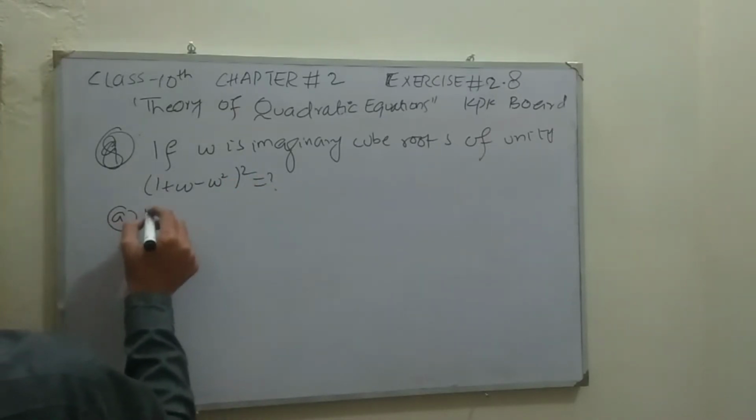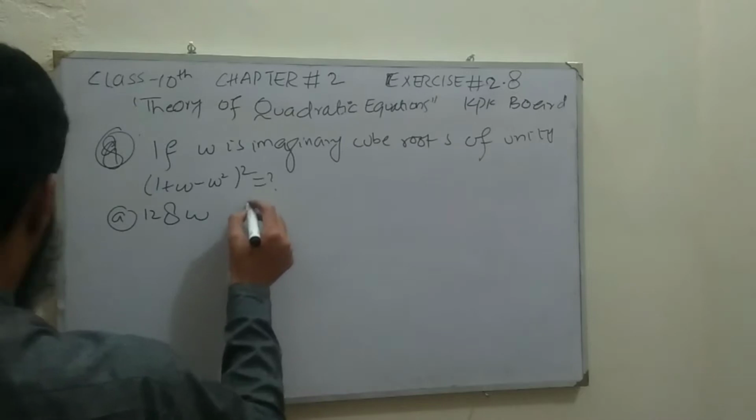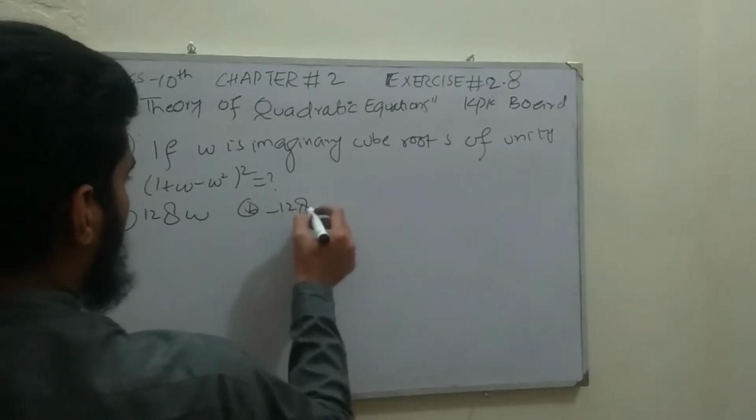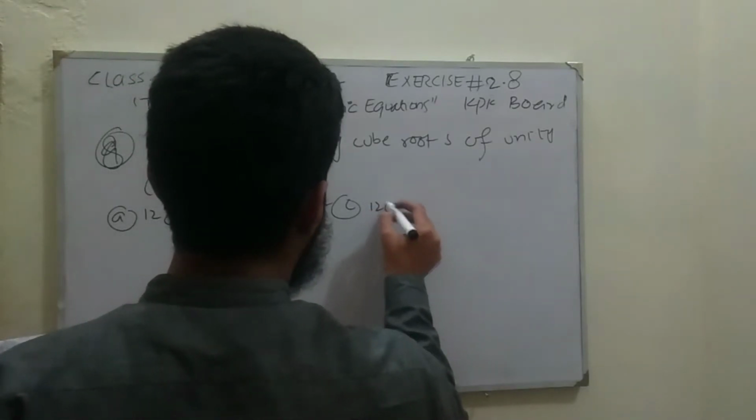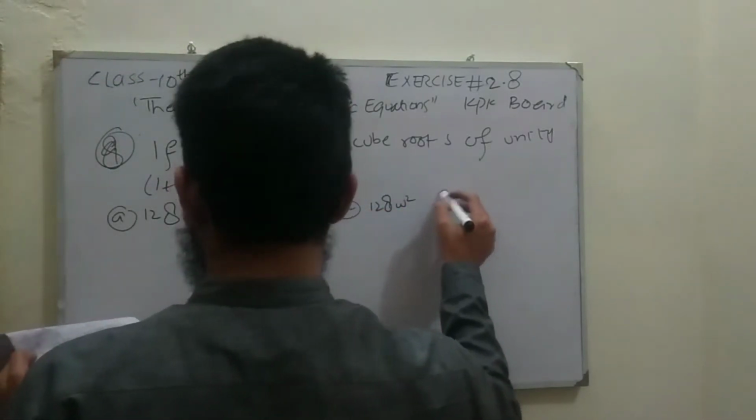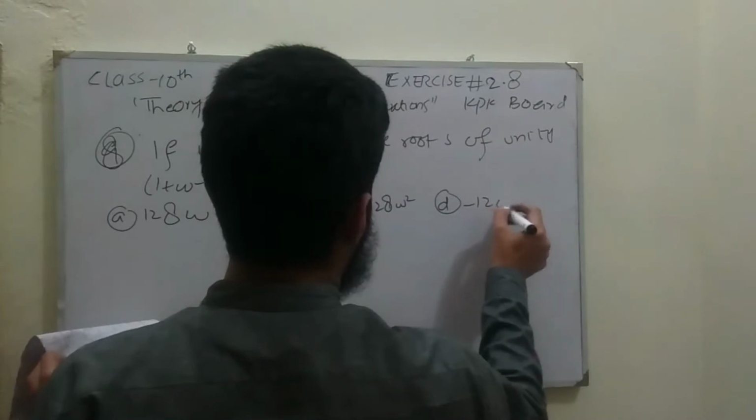Option A is 128 omega, option B is minus 128 omega square, option C is 128 omega square, and the last option is minus 128 omega.